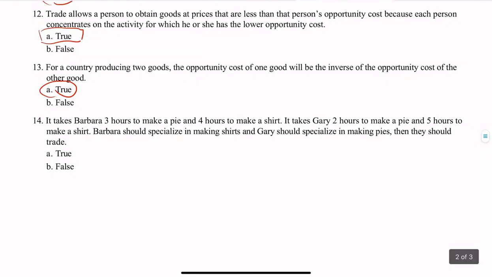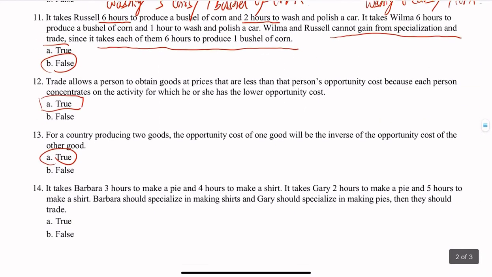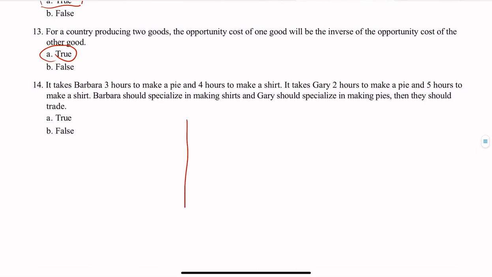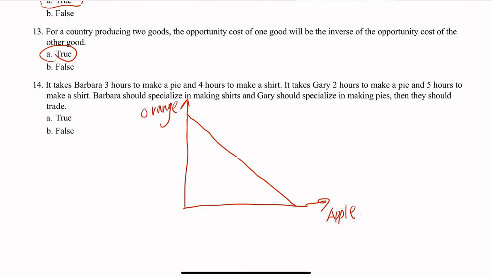For this problem, you could also use the production possibilities frontier, which I think we discussed in the first lecture. Let's say you have two products, apple and orange.